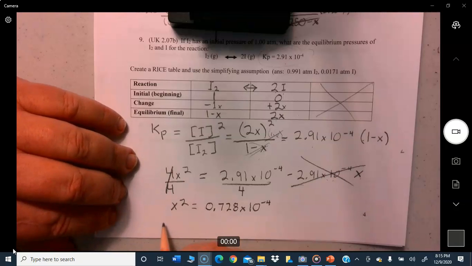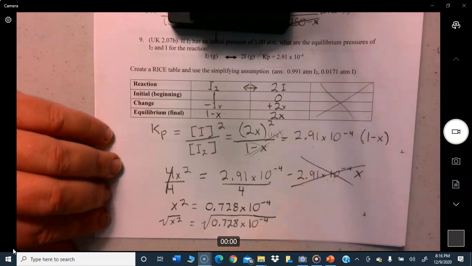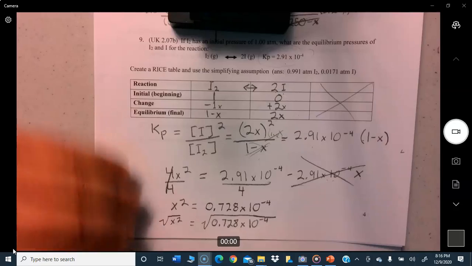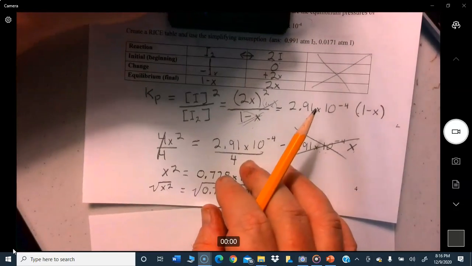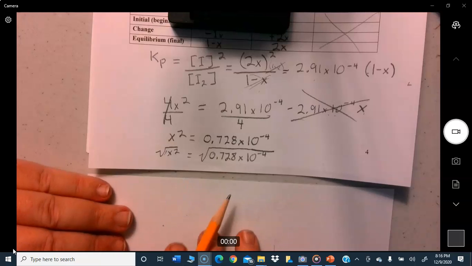So I'm going to take the square root of x squared. There it is. So this is simply going to be x. Again, I am going to go down to another piece of paper. So this becomes x.